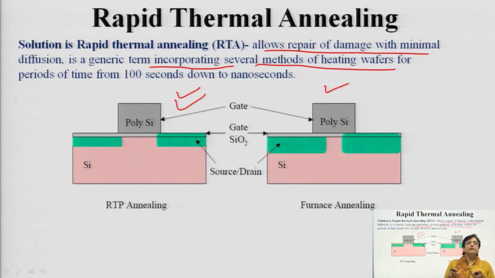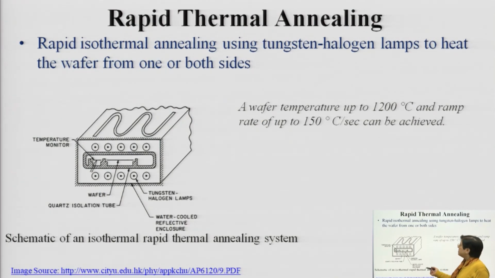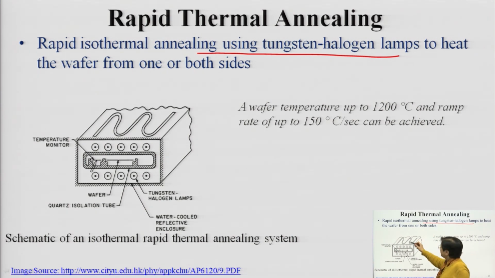But annealing in a furnace has its own plus and minus points, and annealing through rapid thermal annealing has plus and minus points. So, let us see what those are. In rapid thermal annealing, this is the chamber where you are using an isothermal annealing process. You have tungsten halogen lamps heating the wafers from both sides.